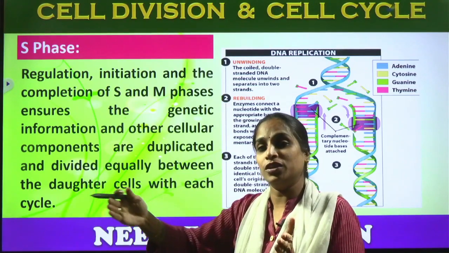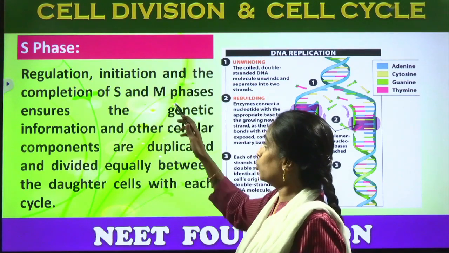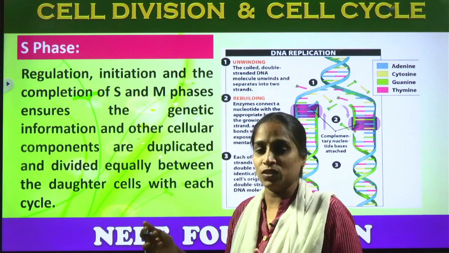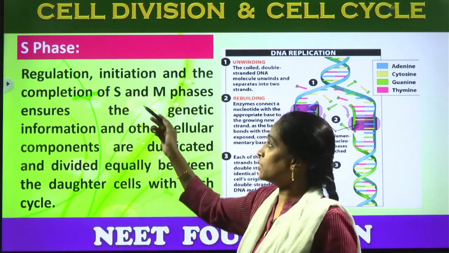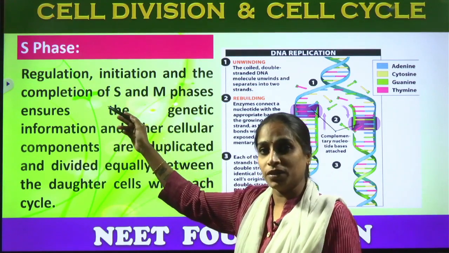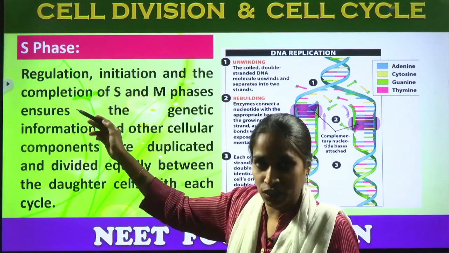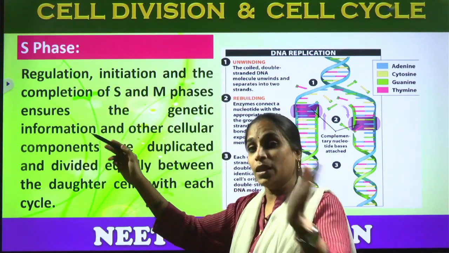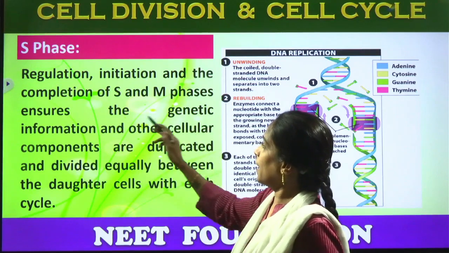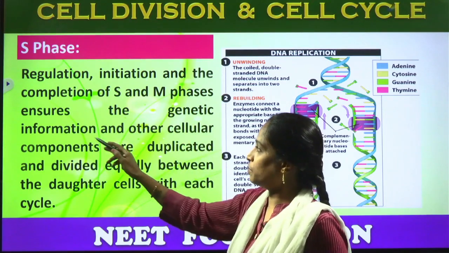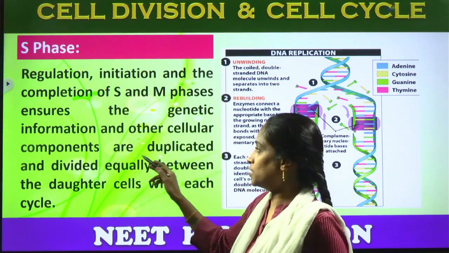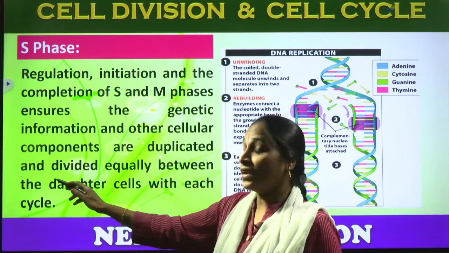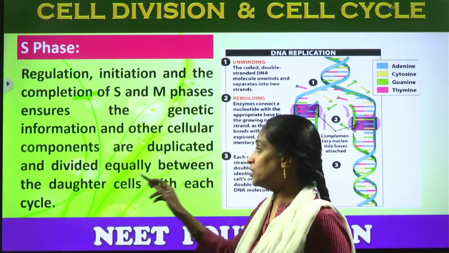It has a particular time duration, and also a time when the M phase has to begin. After the synthesis is completed and the DNA replication has ended, the M phase begins. And this ensures the genetic information and other cellular components are duplicated and divided equally between the daughter cells.